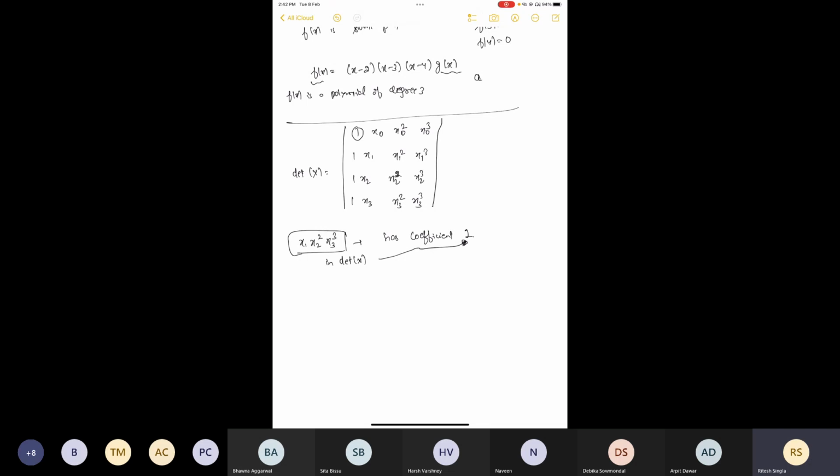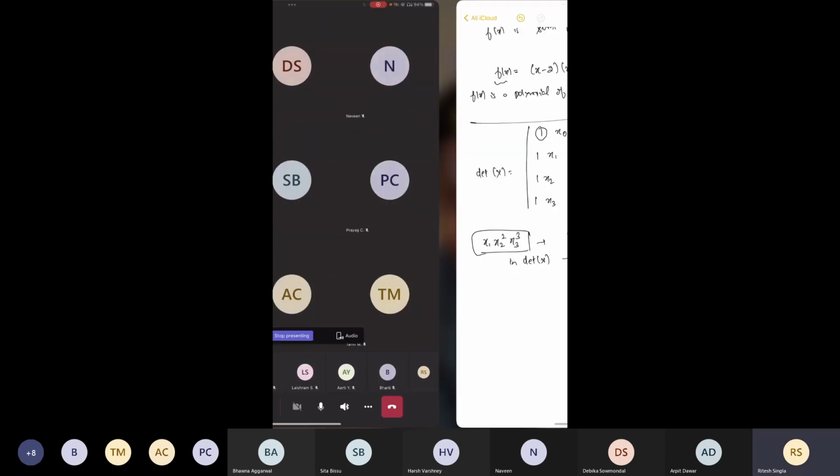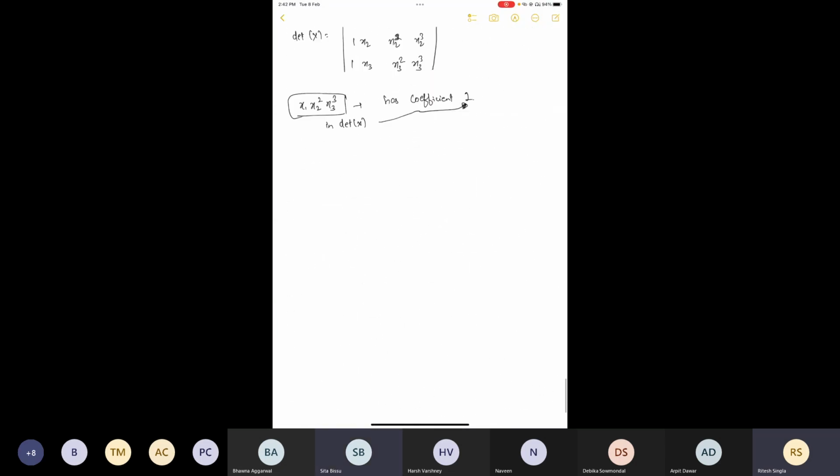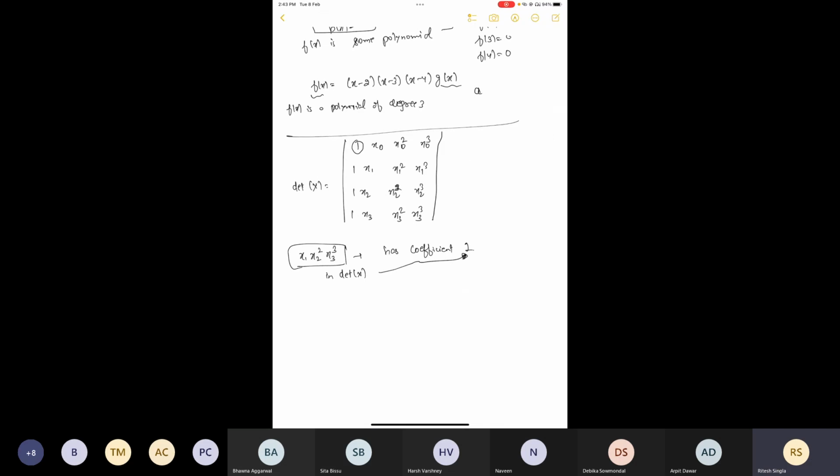Yes, sir. So the coefficient of x1 x2 square x3 cube is 1. That is fine, right?